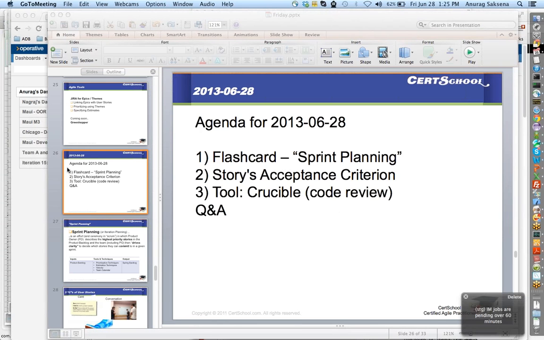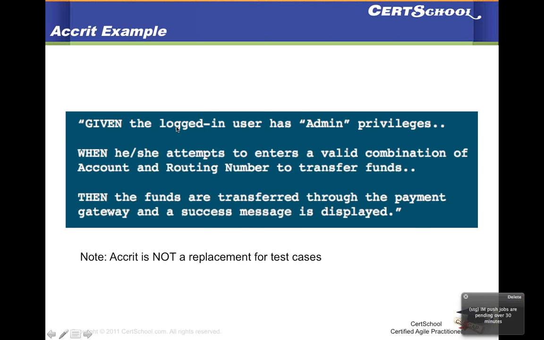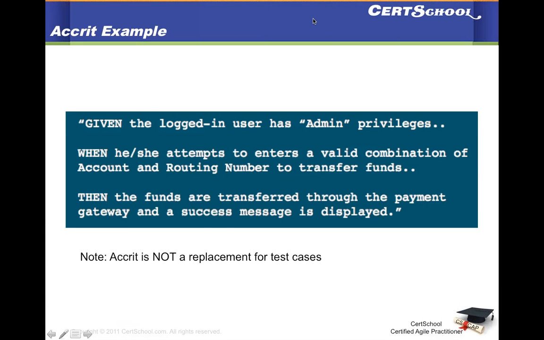More questions. Is there a template for test cases? Test case development and management is a big subject in itself. There are various tools that are available, even before Agile came into being. There are many tools for test case management, like Zypher. I know a few: there's Zypher, there's Bugzilla.